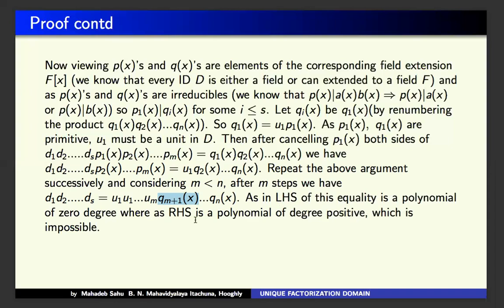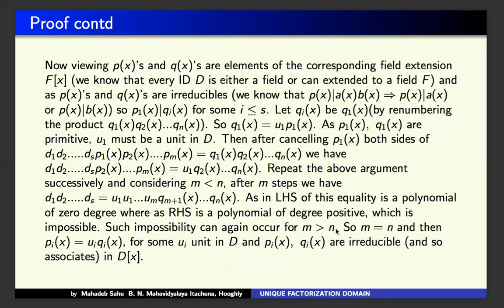So it cannot be possible, because on one side we have degree 0 and on the other non-zero degree. Therefore the only possibility is m equal to n, because similarly the impossibility occurs for m greater than n. Therefore m must be n.